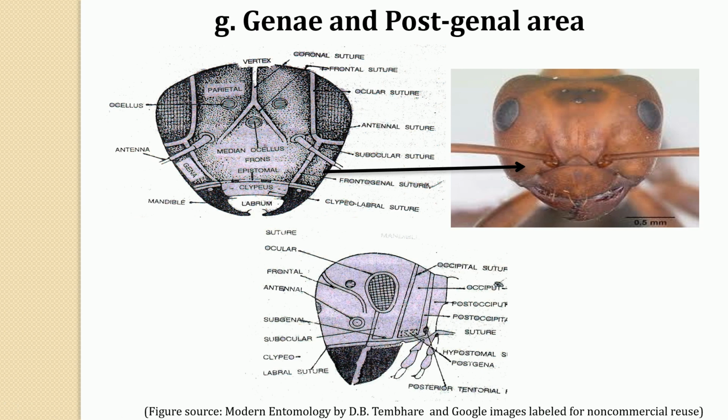Now these areas are separated in some insects by the suture known as the hypostomal suture. So this is a hypostomal suture, and similarly the pleurostomal suture, which separates the pleurostoma from the base of the mandible. So this is the basal region of the mandible, which is separated from the pleurostoma by the pleurostomal suture. So this is about the gena and post-genal areas.